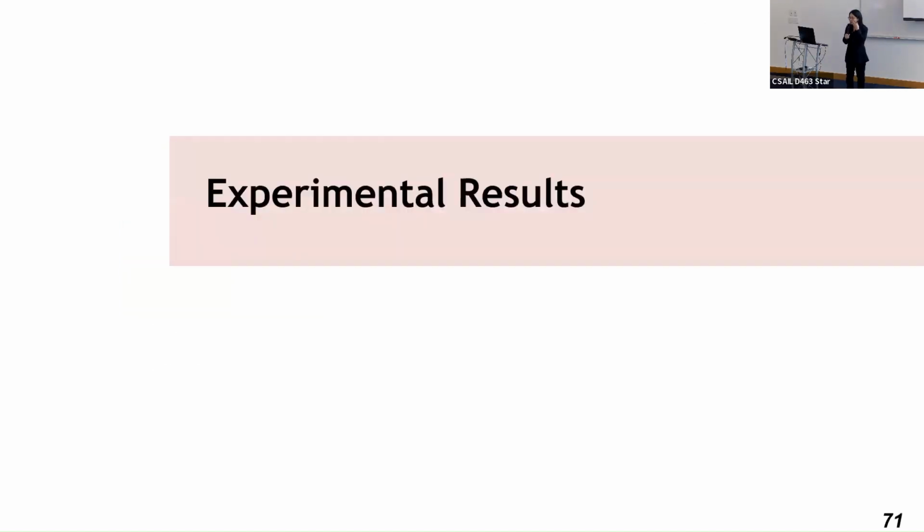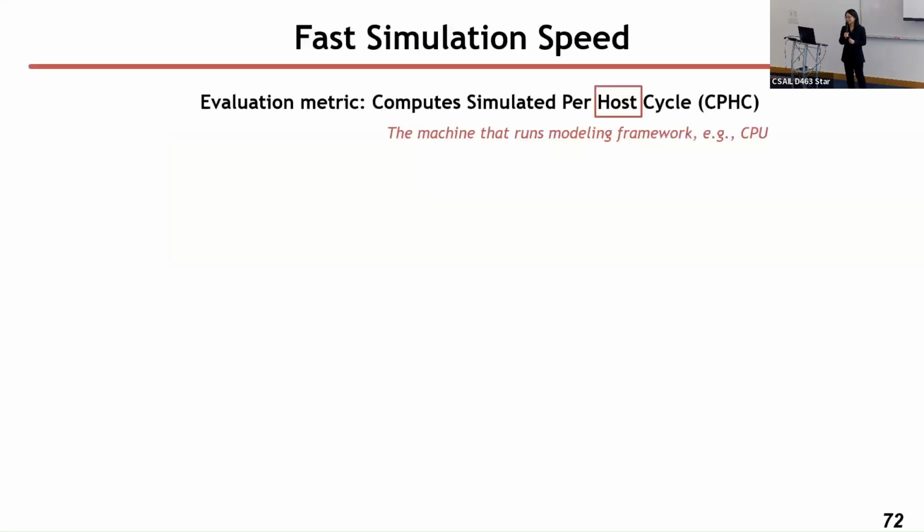Okay, so we now have a high-level understanding of the modeling infrastructure. Let's take a look at some experimental results that we have generated to showcase how good the framework is. First, we want to make sure that our simulation speed is still reasonable, and specifically the evaluation metric that we use for evaluating the speed is what we call compute simulated per host cycle, CPHC.